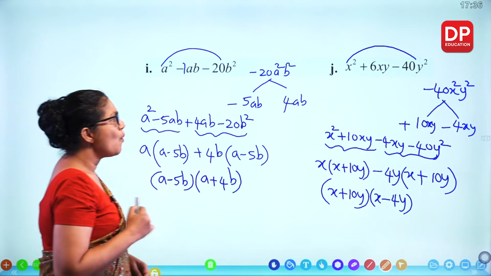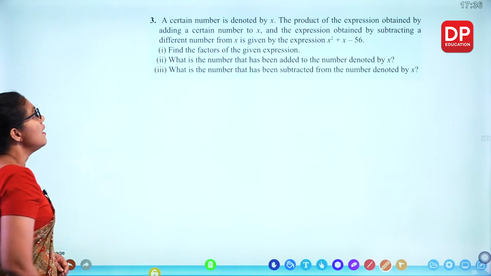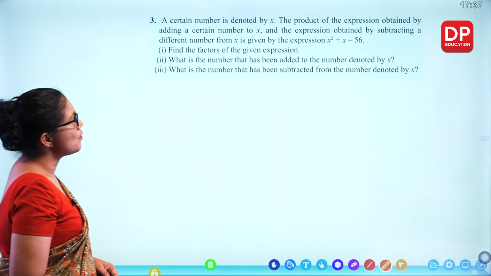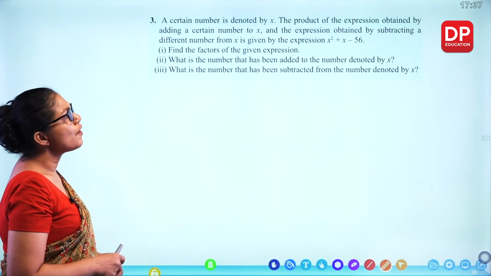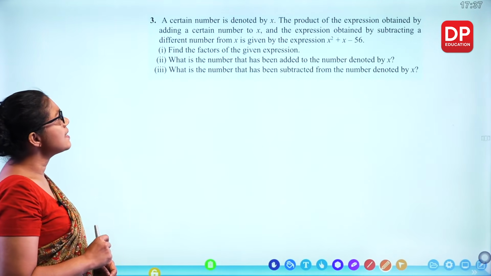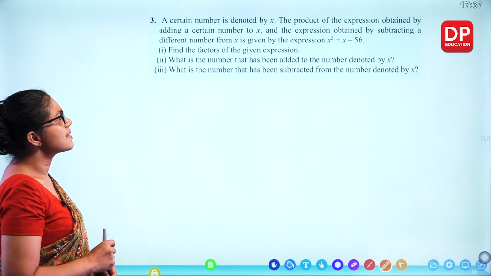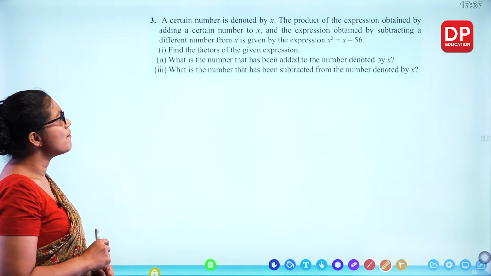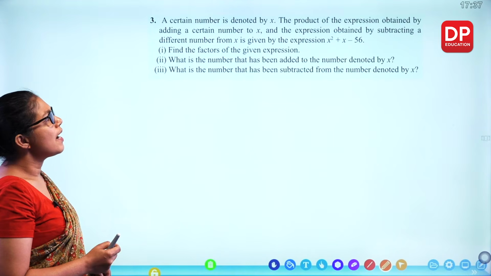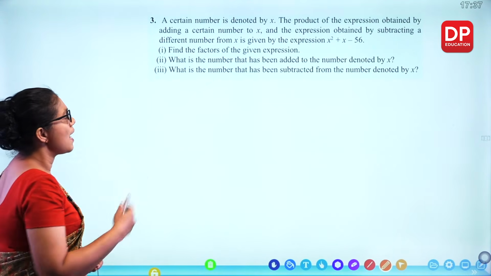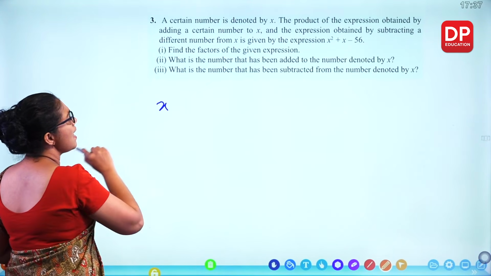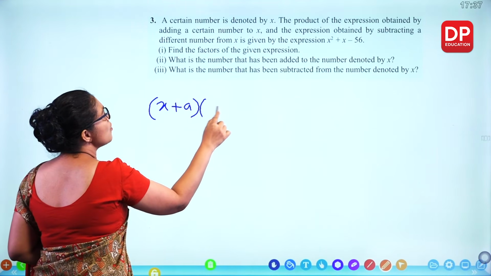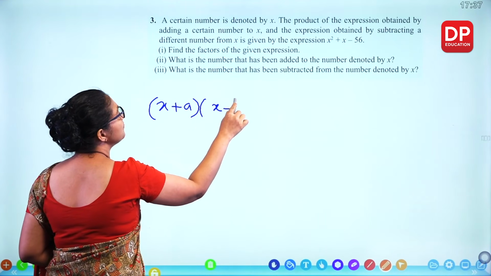Now we'll look at the next question. Question number 3 says a certain number is denoted by x. The product of the expression obtained by adding a certain number to x and the expression obtained by subtracting a different number from x is given by this expression. That means x is there, you are adding a number and you are subtracting a number.